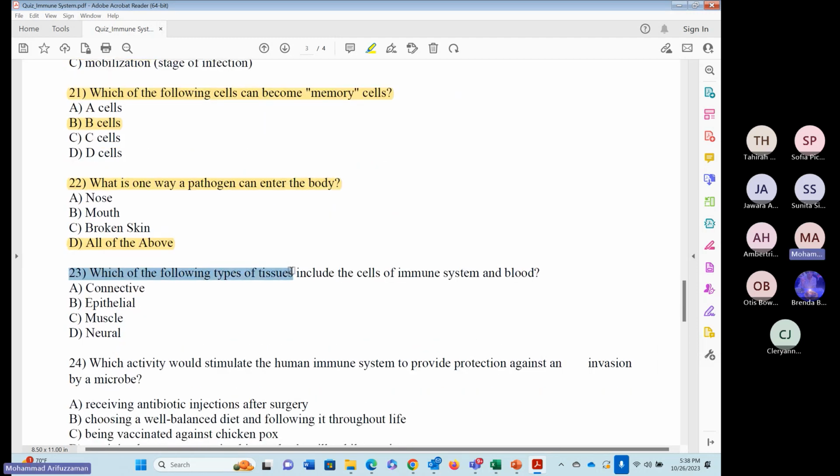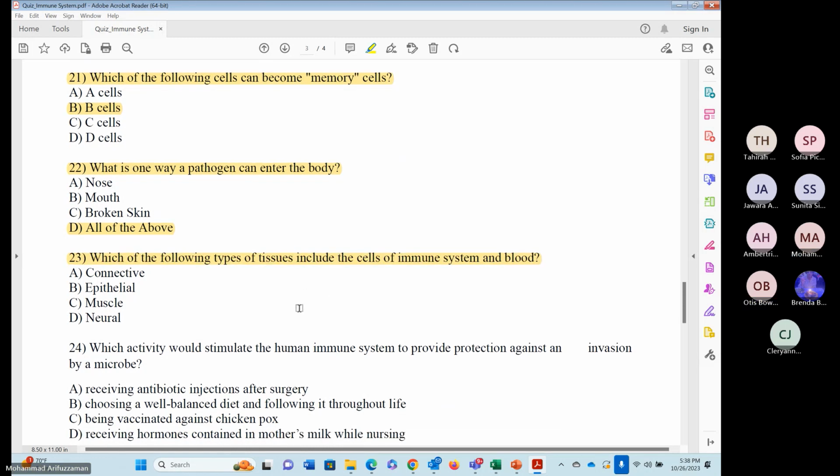Which of the following types of tissue include the cells of the immune system and blood? I would say connective. Is it correct?